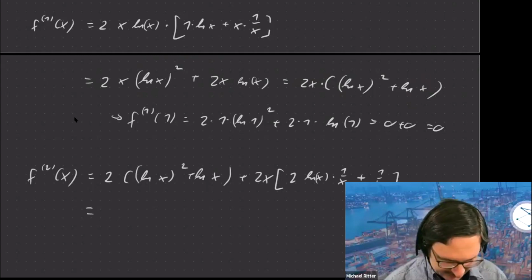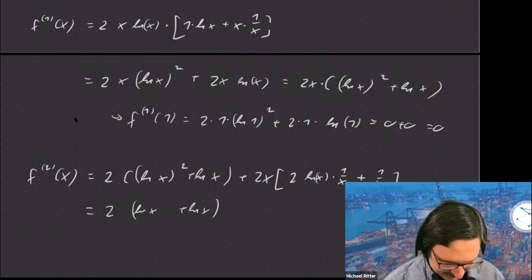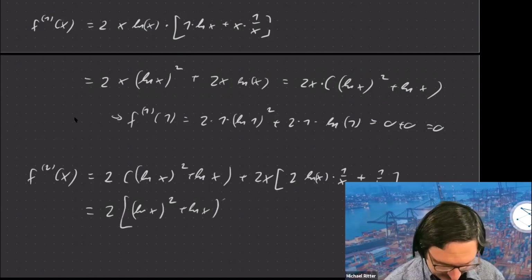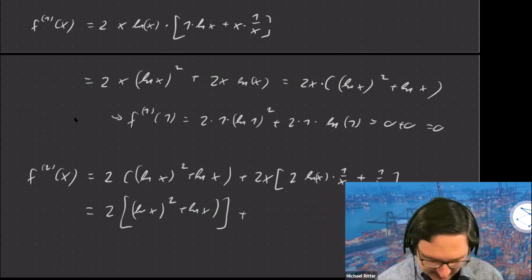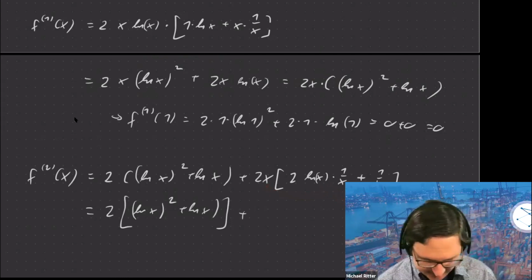So what we get is 2 ln x squared plus ln x, plus, and here we just take the x inside to get rid of those 1 over x expressions. So that's plus 2 times ln x plus 1.